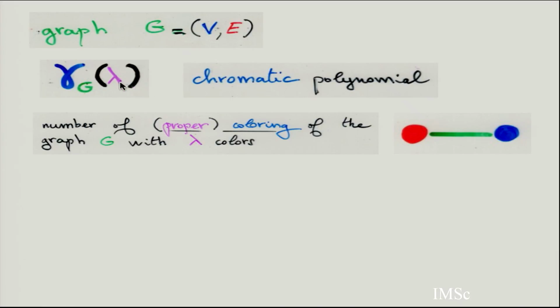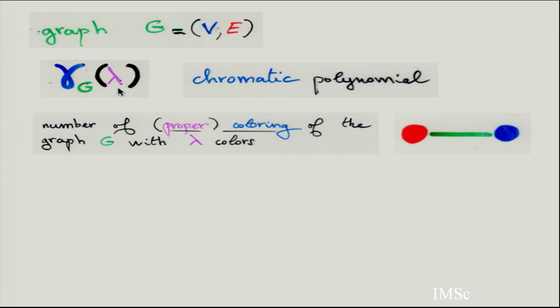First you have to prove it's a polynomial in lambda. So I can put the value lambda equal -1 in this polynomial, and then it makes sense to color the graph with -1 color. It's just a polynomial in lambda.